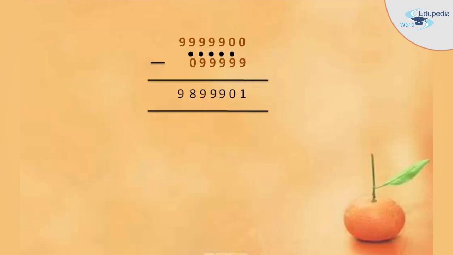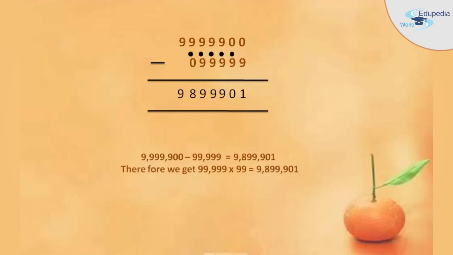So now the answer that we have got here is 9,899,901. So therefore by subtracting the numbers, we have got the answer as 9,899,901, and it is the final answer for the numbers that we have multiplied, that is 99,999 into 99.